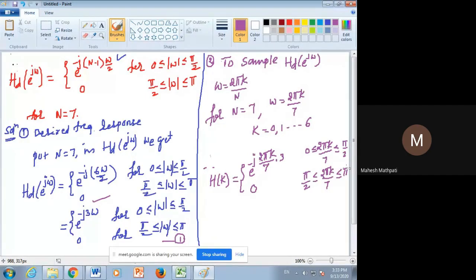Have you understood this step? What we have done here is we have just replaced omega by the value of k. That means we are converting the continuous frequency to the discrete frequency.